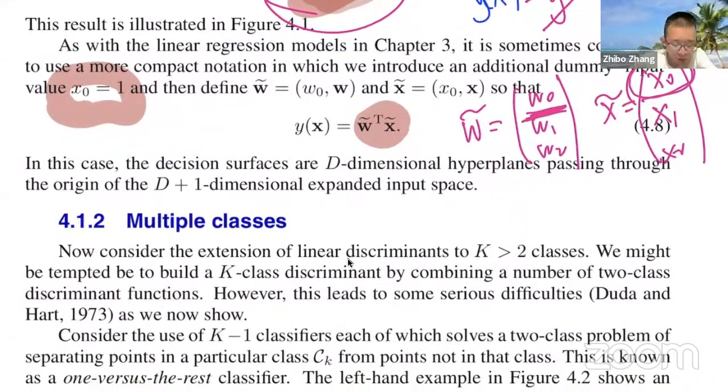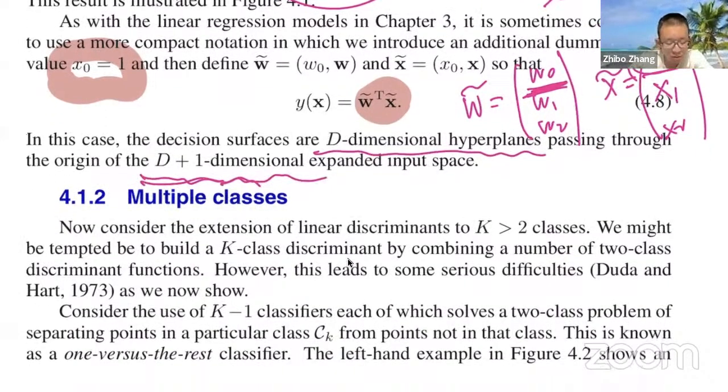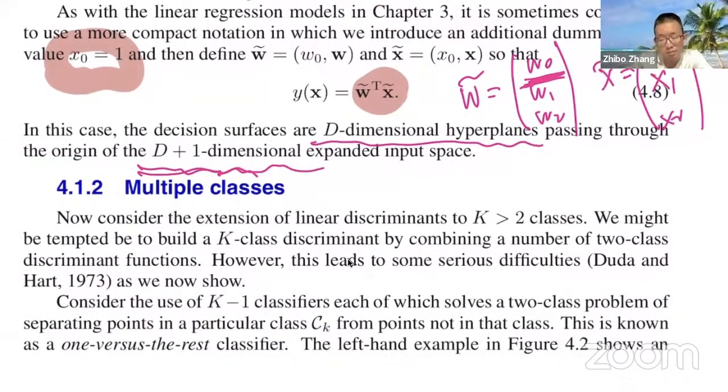So in this case, the decision surfaces are d-dimensional hyperplanes passing through the origin of the d plus one dimensional expanded input space.